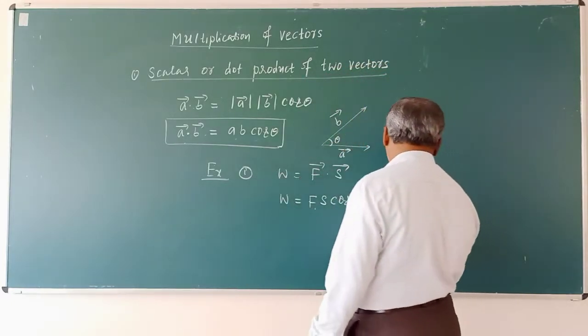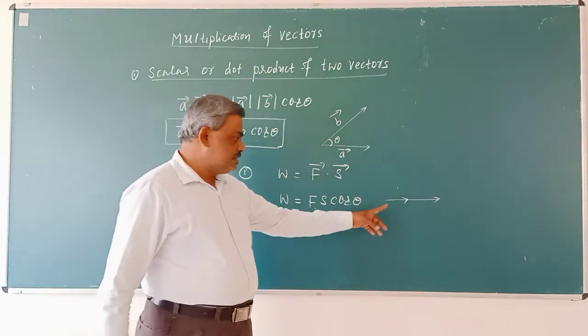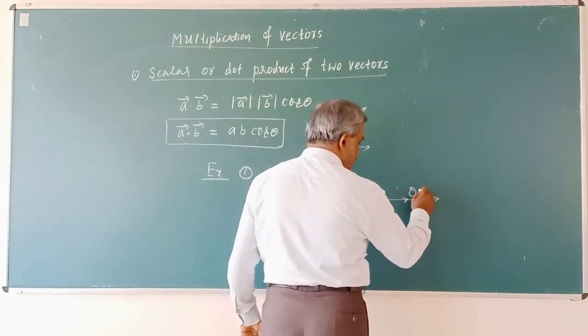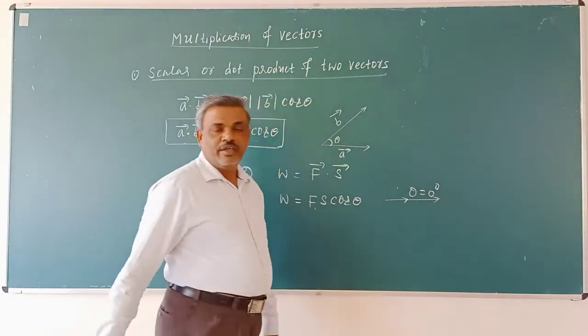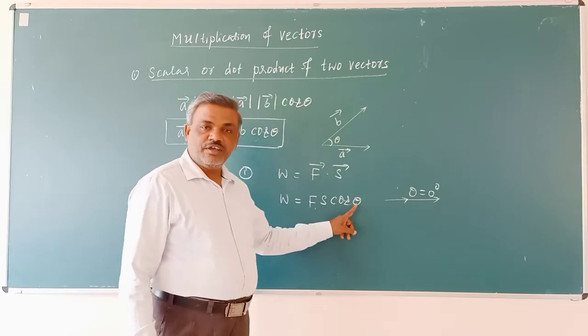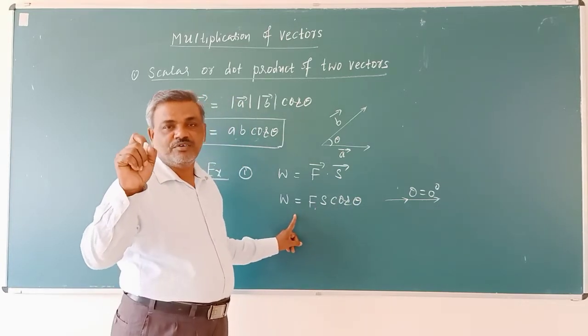When force and displacement are in the same direction, the angle theta equals 0 degrees. Cos 0 degrees equals 1, so work done equals Fs. Work done is positive.